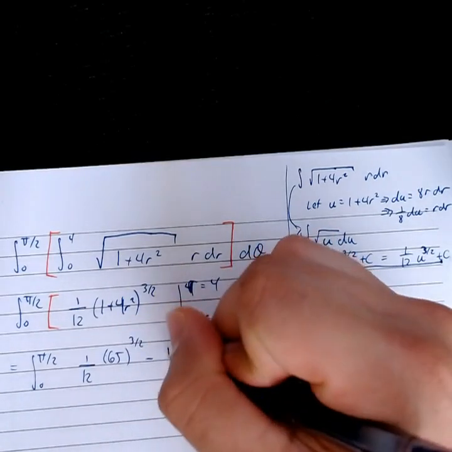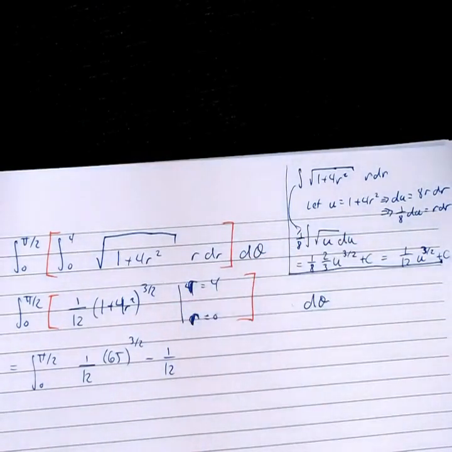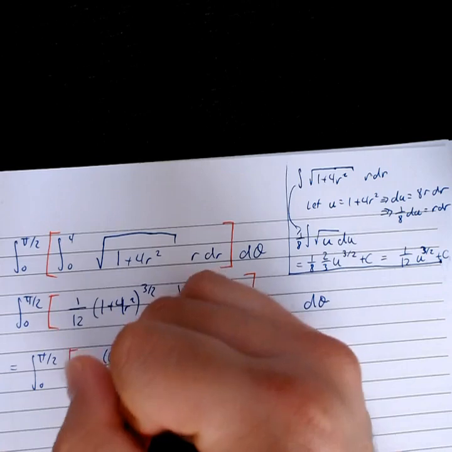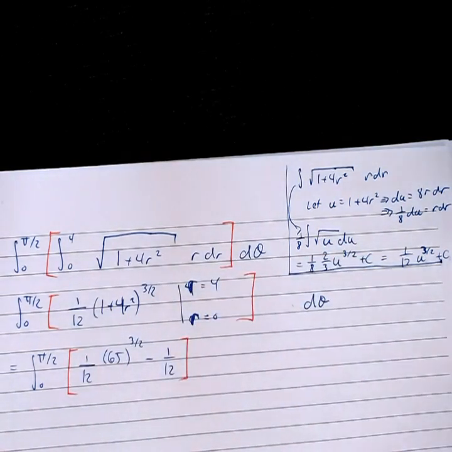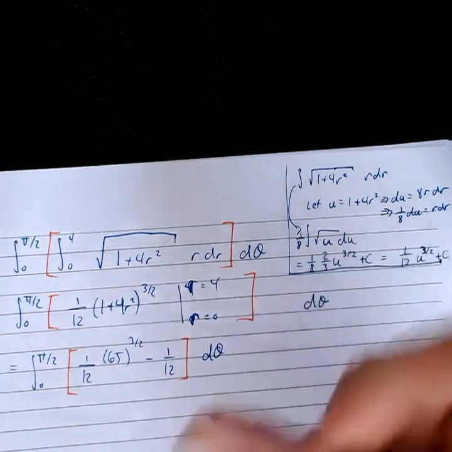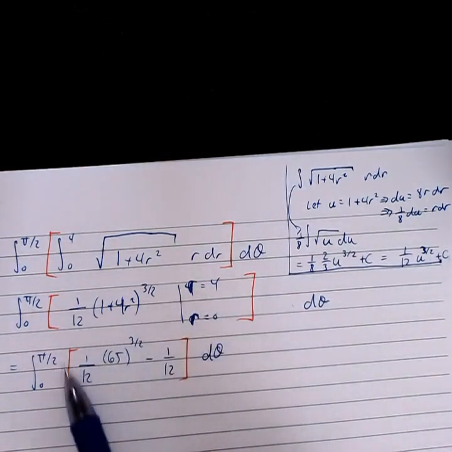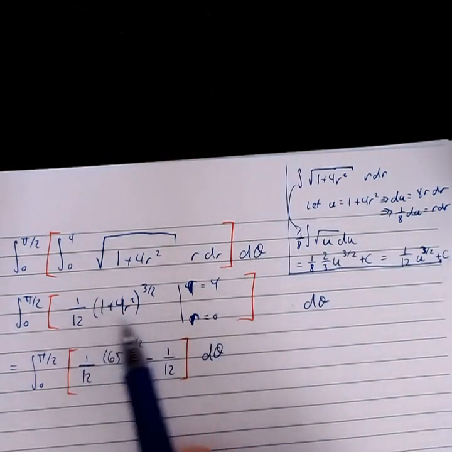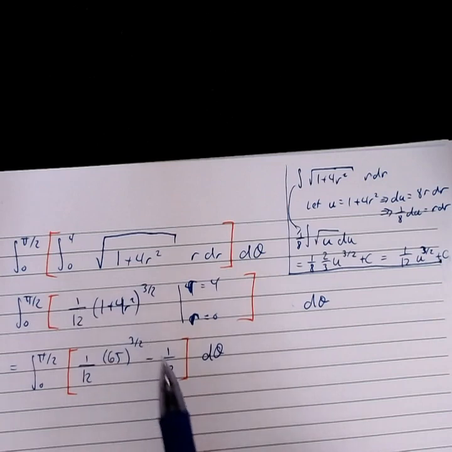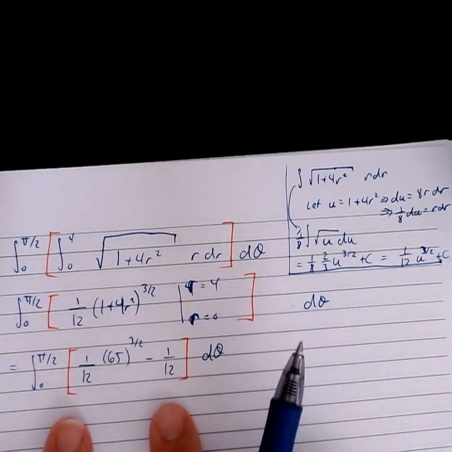So it's going to be minus 1/12 like that, d theta. Right? Plug in 4 gives me that. Plug in 0, well, that whole thing becomes 1, so that just gives me the 1/12. And now that's a constant.